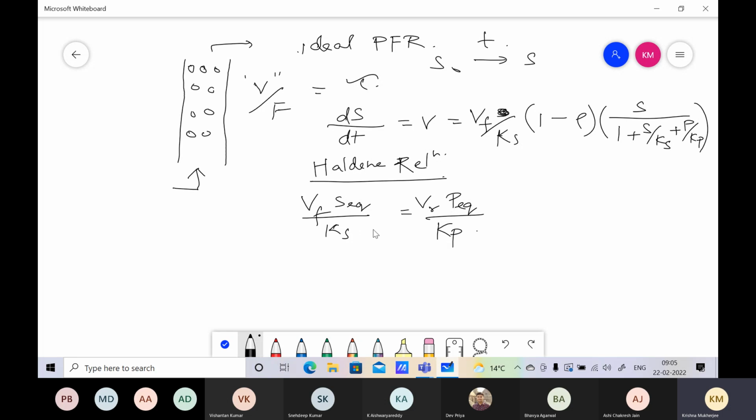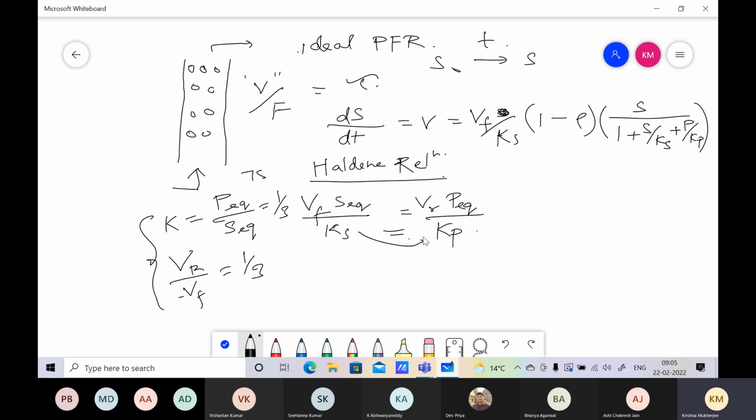So what I did was give you the K equilibrium, P equilibrium upon S equilibrium, as 1 by 3. I also told you that Vr by Vf was equal to 1 by 3, which is 75% conversion. This was to make sure that Ks and Kp are equal.